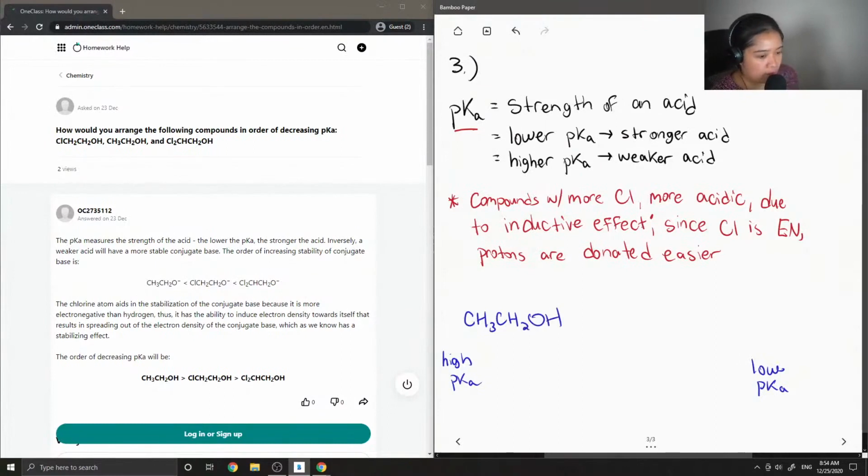And then this is followed by the acid that only has one chlorine atom, so Cl. And lastly, the acid with the lowest pKa is the one with two chlorine atoms.